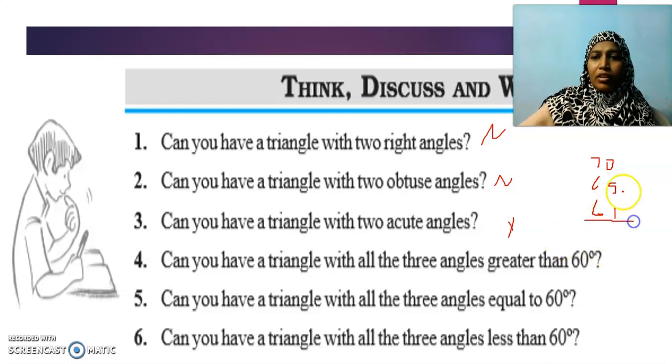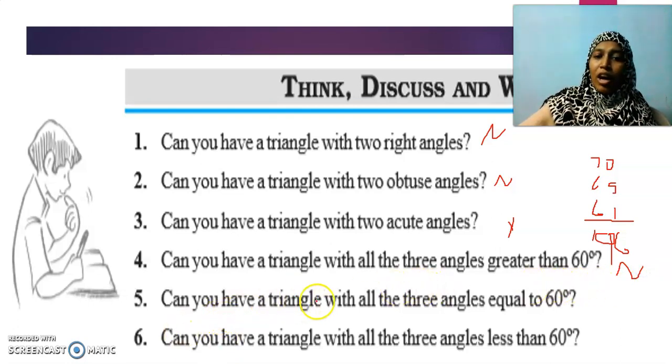Add it up: 196. Is it possible to have a triangle whose angles add up to 196? No, we cannot have a triangle. So this question, can you have a triangle with all three angles greater than 60 degree? No, it is not possible.